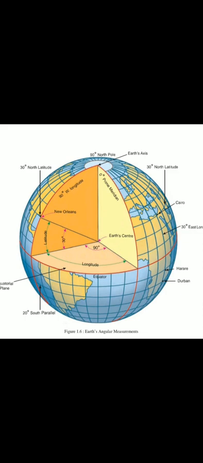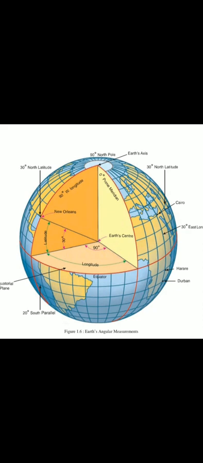When you mention a parallel, you have to say whether it is related to the northern or southern hemisphere. For the northern hemisphere, we refer to them as 5 degree north, 15 degree north, 30 degree north, 50 degree north, and so on.